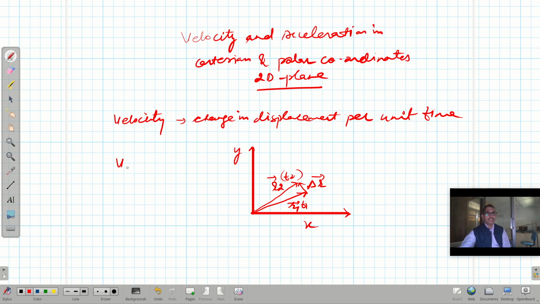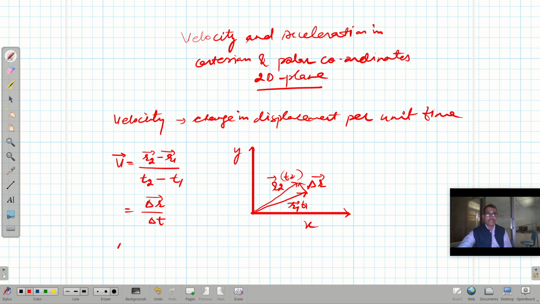So velocity is basically change in displacement, and the displacement is delta r, meaning r2 minus r1, and the time for r2 is t2, and for r1 the time is t1. So we can call it delta r over delta t. So this is the average velocity of the particle.